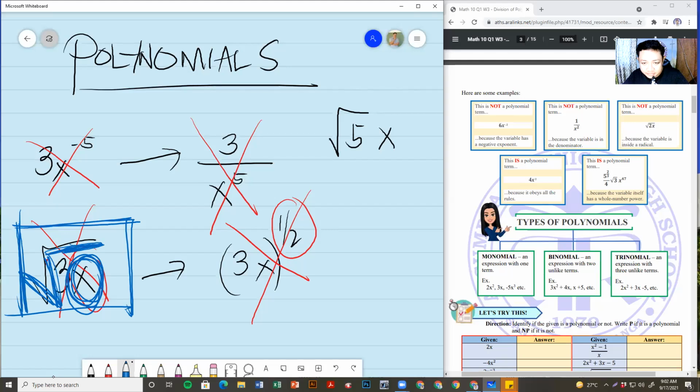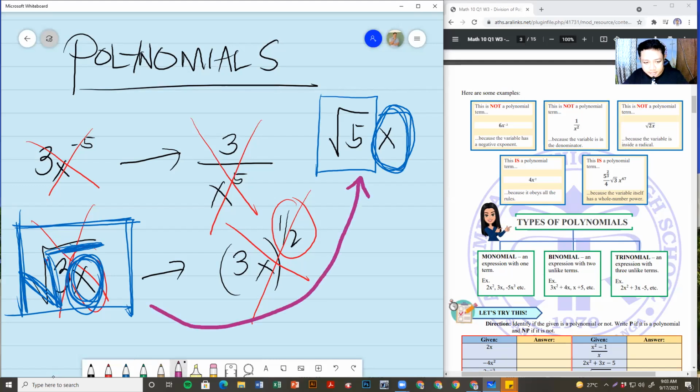Square root of 5 x. The square root of 5, your coefficient, is the one that's inside the radical, and your x is not inside a radical. Is it a polynomial or not? Look at the difference from this to this. Type your answer in the chat box, please.